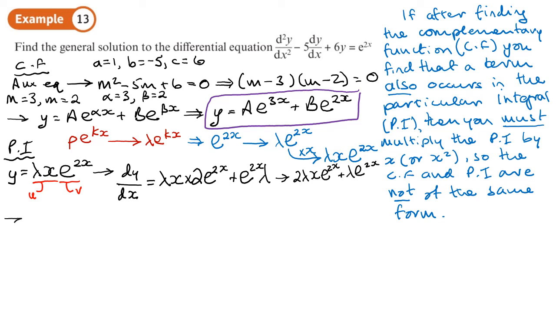Now we differentiate again to get d squared y over dx squared. So again, product rule.